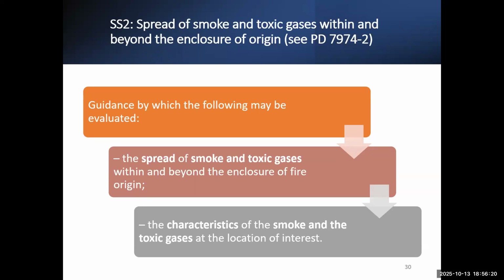Analysis in subsystem 2 ranges from simple equations, such as for smoke filling the room, to complex computational fluid dynamics models that simulate smoke movement through whole buildings. The choice of whether to use simple equations or CFD models will depend on the complexity of your problem. You can find more details in Figure 5 in BS 7974-2.